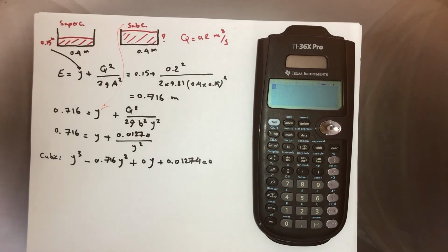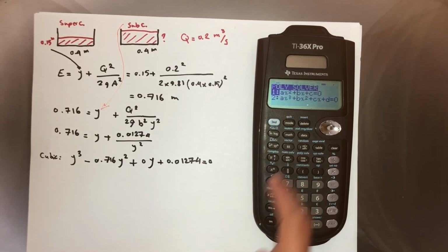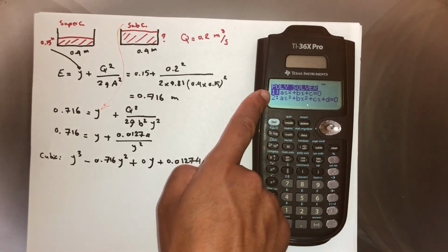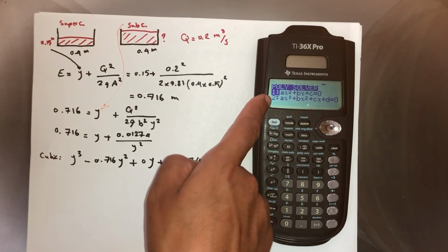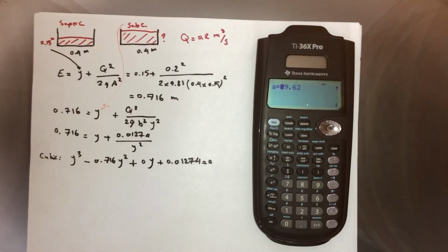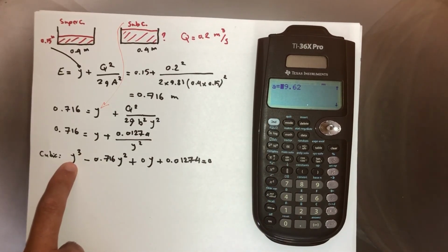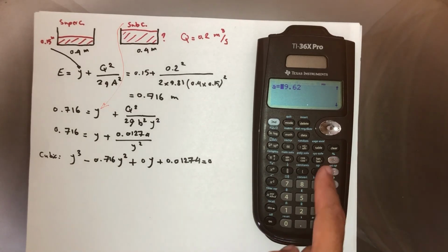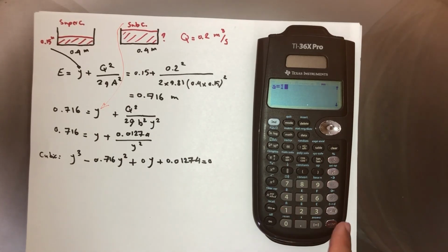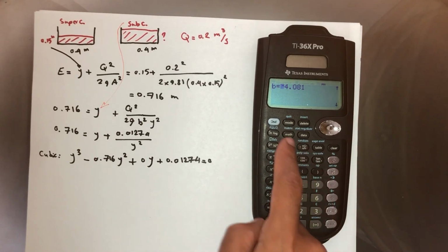Turn on the calculator, go to this polynomial solver, shift pol solver. It can solve the second degree or third degree, so I put number 2 to go to the third degree. These are the coefficients. For my coefficient a, I have 1, so I clear this and press 1, enter. For b, I have minus. Be very careful about the signs.